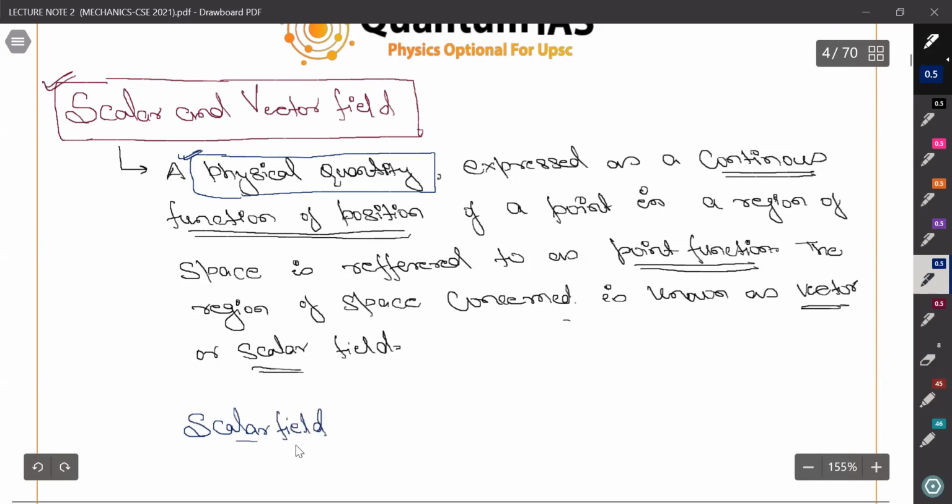For a scalar field, we can write some examples. For example, temperature. Temperature is a scalar quantity. Electrostatic potential.